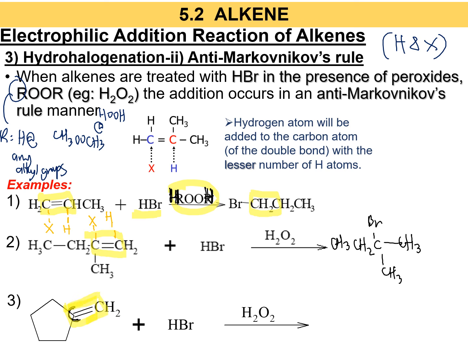Alright, and we will know that this carbon will get hydrogen. This carbon will get Br. Okay, therefore the product that will form is something like this. Okay, so there is Br here, and then there is a single bond because this is an addition process. And then since this carbon receives the hydrogen, it becomes CH3. Understand?